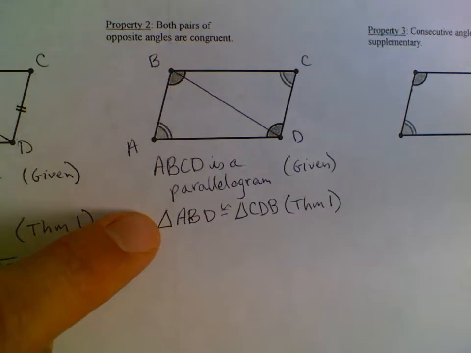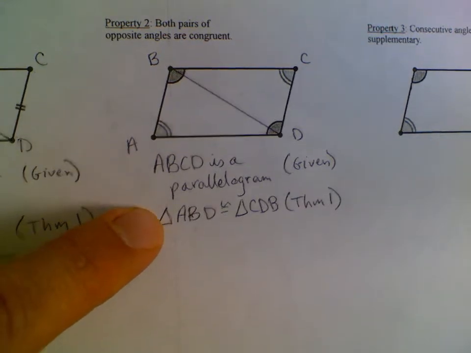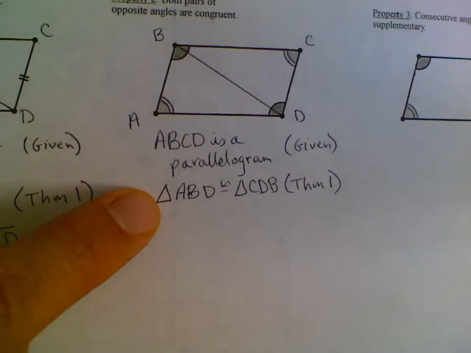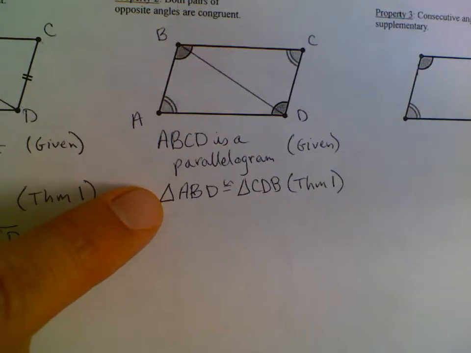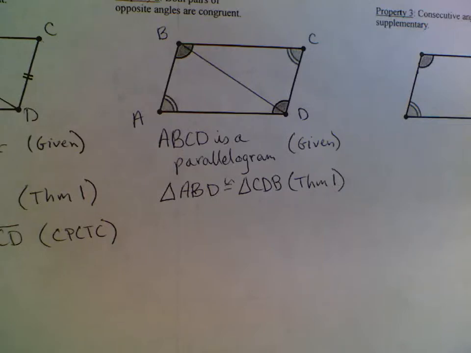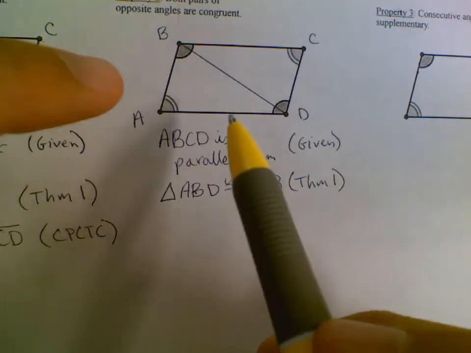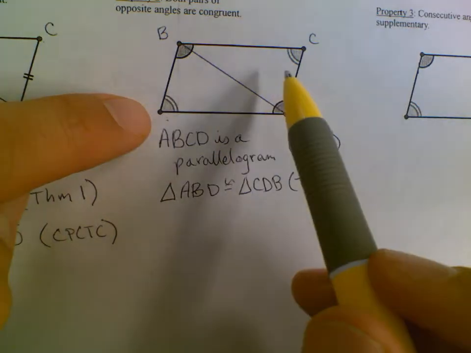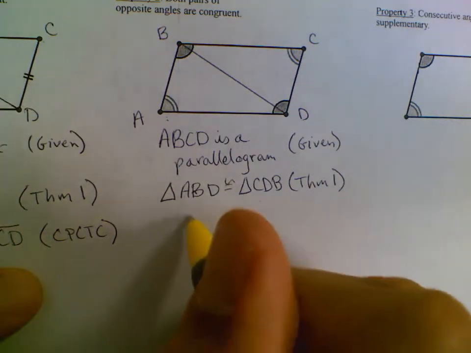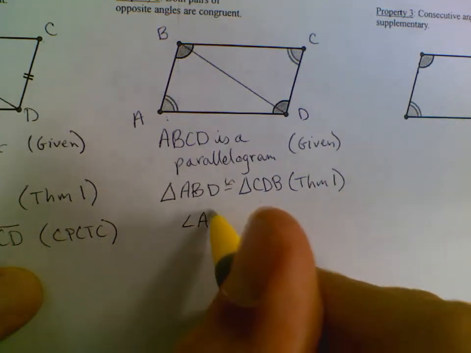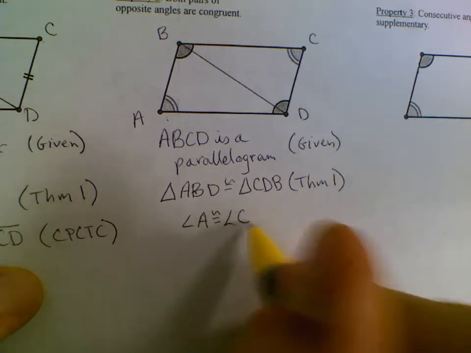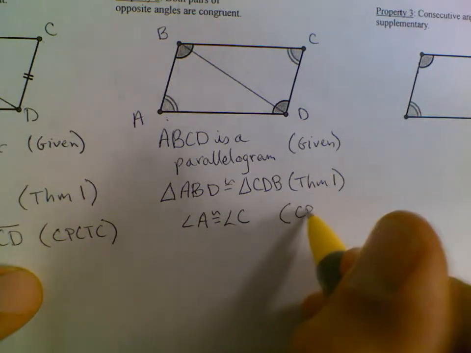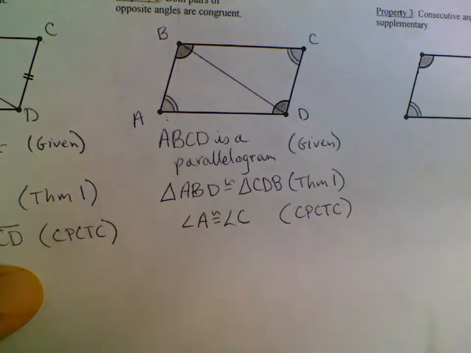Okay, so now what do we do? If the two triangles are congruent, what is also congruent? Everything is, right? But in this case, in particular, what's congruent? Angle A is congruent to angle C by corresponding parts of congruent triangles are congruent.